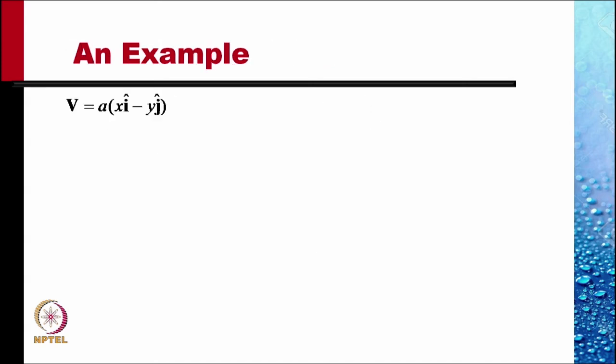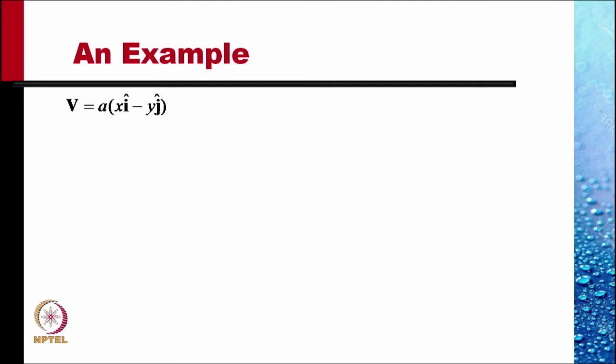We do a simple example. Let the velocity field be ax i minus ay j.